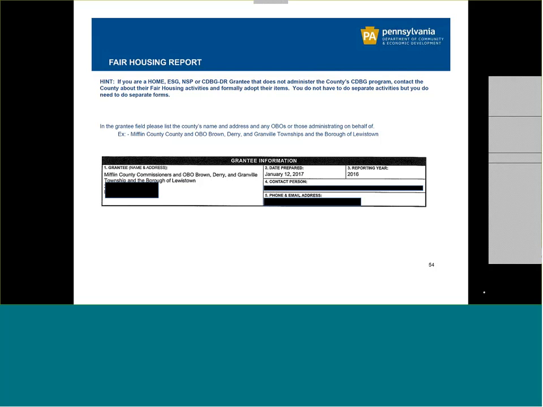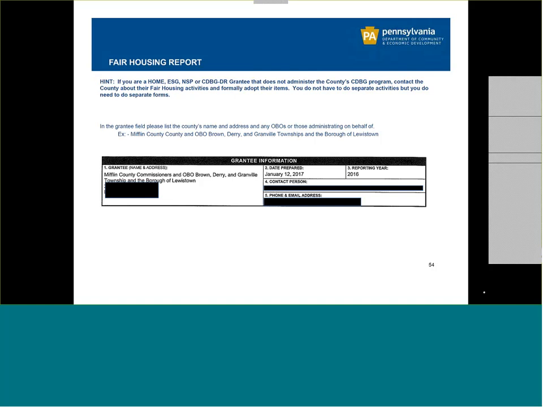You can do one report for everybody that's under your contract, and I'll talk a little bit later about adding other contracts into it, but you need to delineate who you are reporting on. So we don't want to just see Mifflin County. We want to make sure that you're adding the OBOs as well.